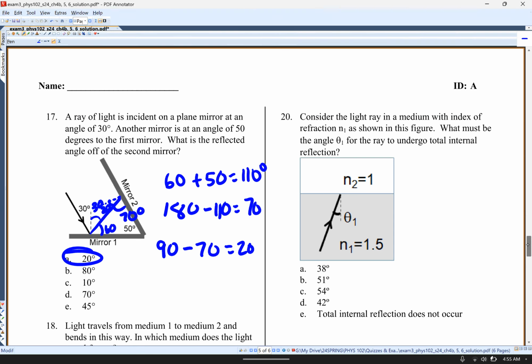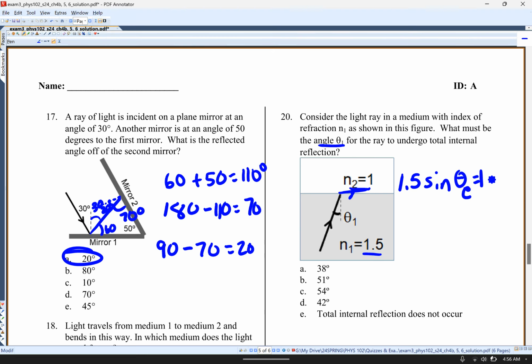It's total internal reflection. What must theta 1 be for this to undergo total internal reflection? I just want to double check and make sure that total internal reflection will occur. As I move from a high index to a low index, it will bend away from the normal. So that will give me total internal reflection if the angle is right. I'm looking for that critical angle. So that's 1.5 sine of theta c is equal to 1 sine of 90.